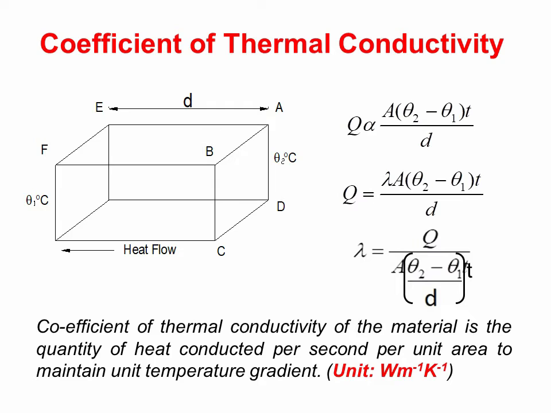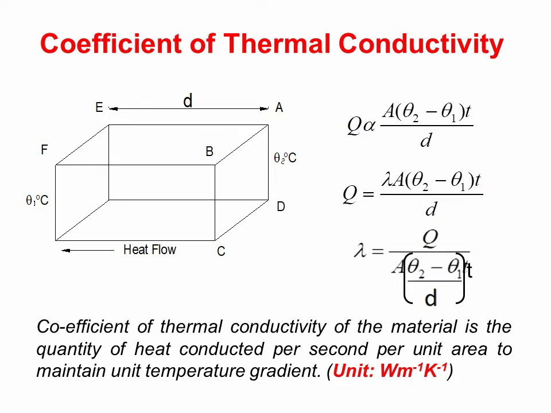So, the coefficient of thermal conductivity of the material is the quantity of heat energy per unit area per second maintained at unit temperature gradient. The unit of the coefficient of thermal conductivity is W m inverse K inverse.